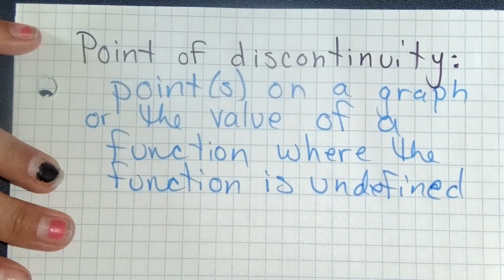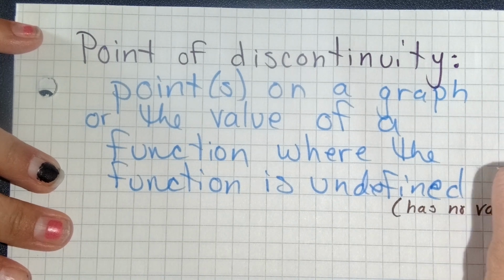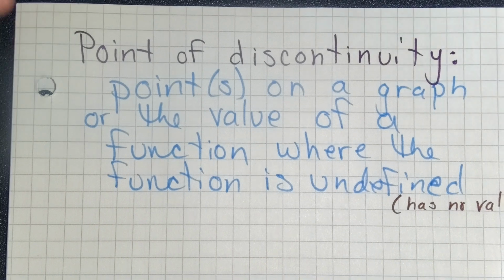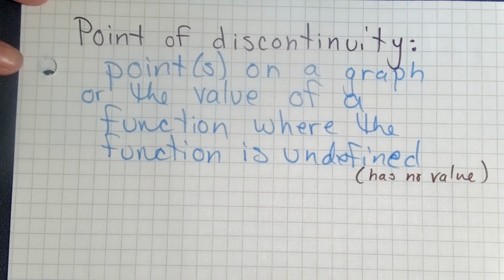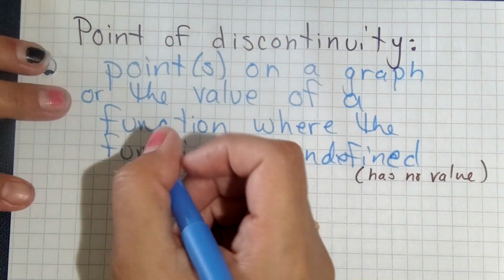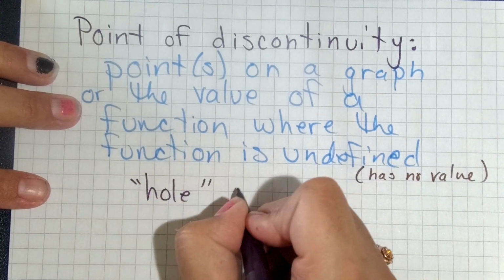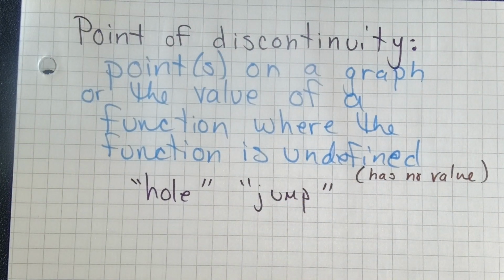Undefined means it has no value. This could be a hole in the function, and you'll see what I mean by hole, or a jump in a function. And these things may affect the limit, okay? These things may affect the limit, so we need to understand what they are.